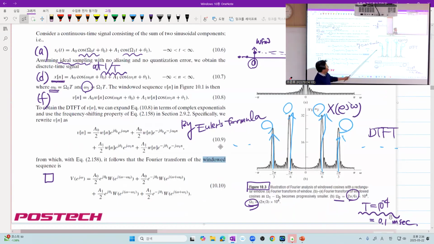Now, see this sky blue line, and you will see that the delta function is now blurred into, in this case, a Dirichlet kernel or something. So here goes my question. Do you want a larger main lobe or smaller main lobe in this case if you want to take a look at the output and find out the value of the frequencies?